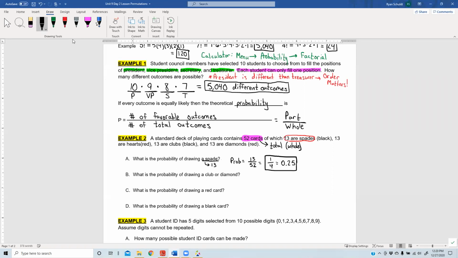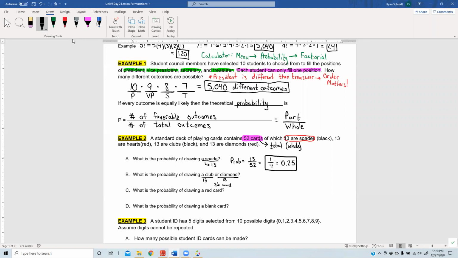Next one, what's the probability of drawing a club or a diamond? How many clubs are there? There's 13. How many diamonds? Again, 13. So total, we have 26 that we want.